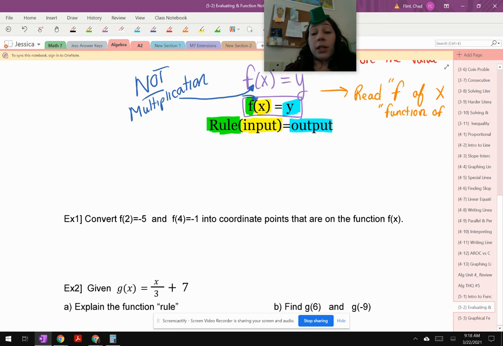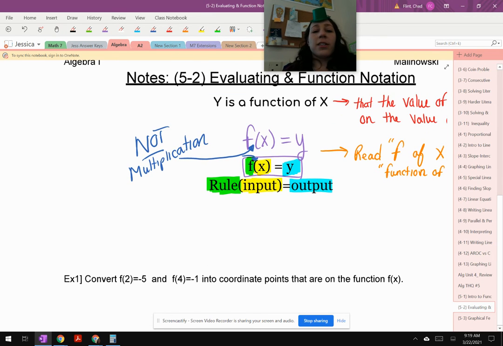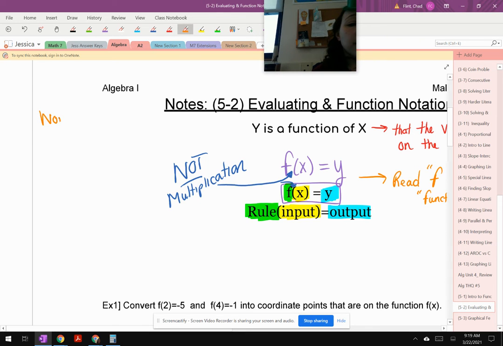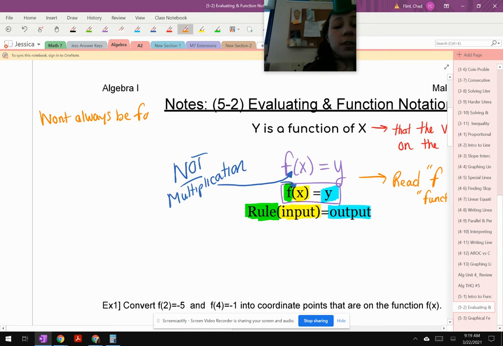So really, we're just going to now be replacing everything that we would normally use y for with f of x. And again, it isn't always going to be f. It won't always be f of x.